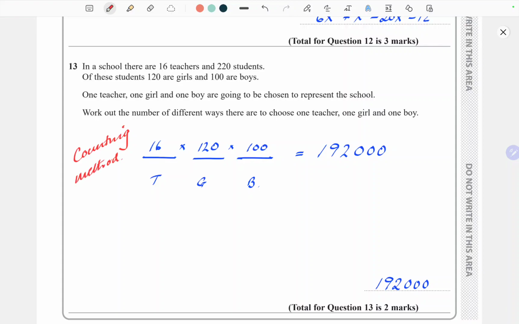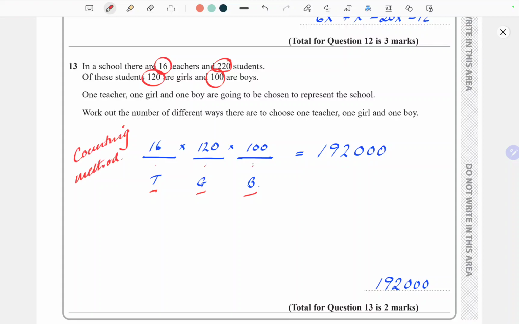So basically, you're going to choose a teacher, 1 girl and 1 boy to represent the school, and you've got a choice of 16 teachers. And this 220 students is actually irrelevant, because what you need is that there are 120 girls and 100 boys.